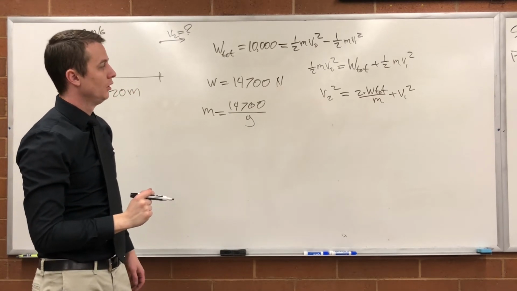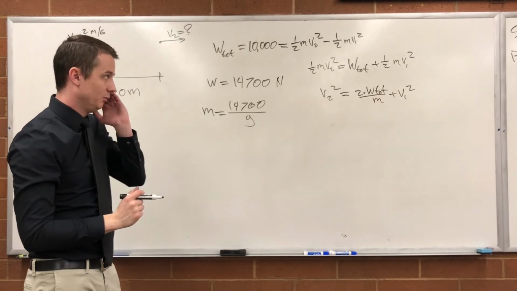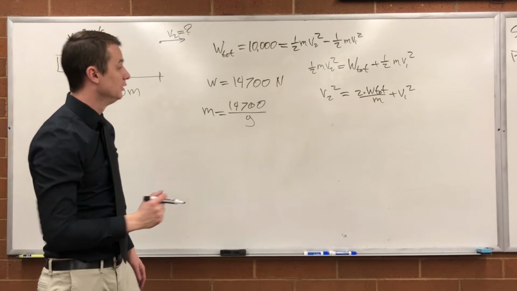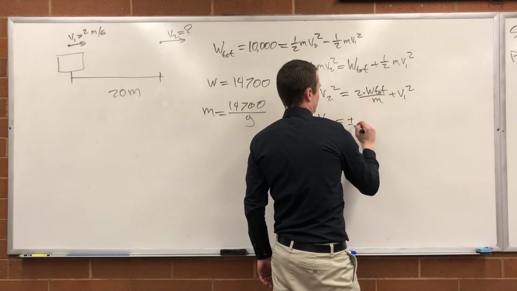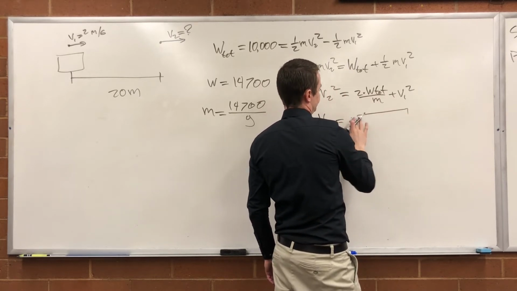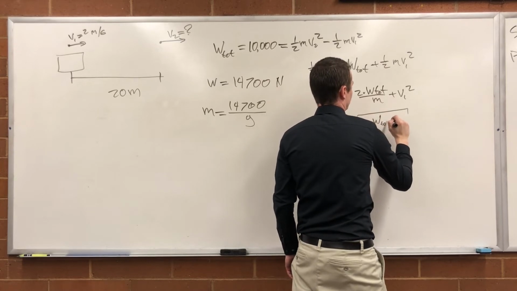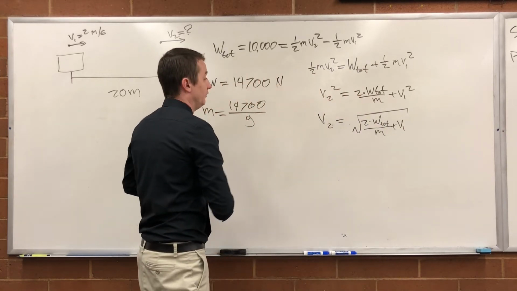Now square root the whole thing. So v2 is equal to plus or minus the square root; obviously, we're just going to have a positive case. Of 2 times work total divided by m, plus v1 squared. v1 is just 2.